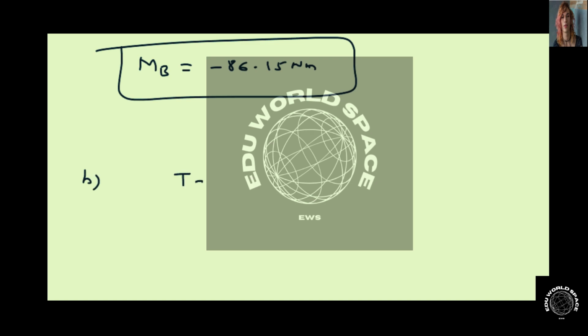So taking moment at point B. So let the vertical force at the point A is Ra, at B it is Rby, and at B horizontal force is Rbx.